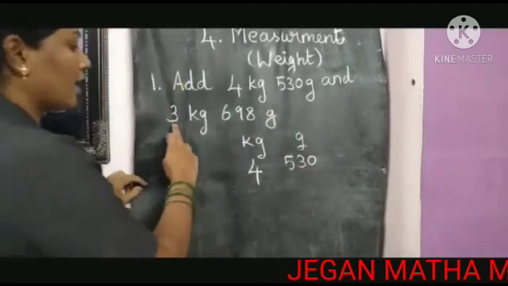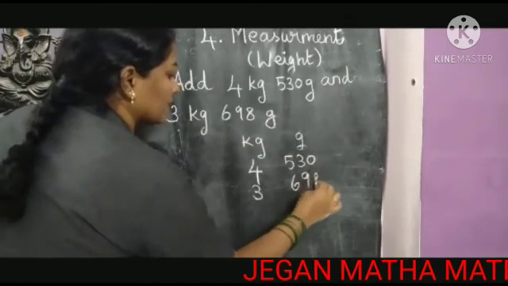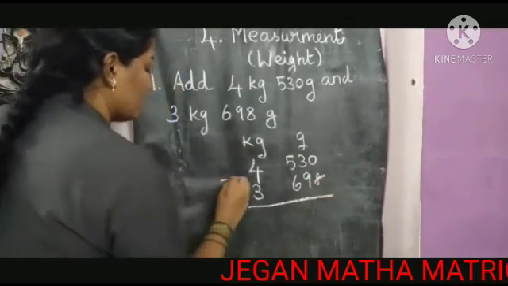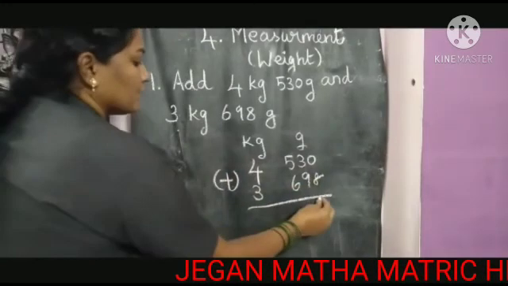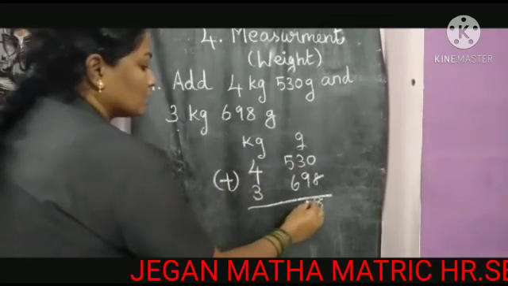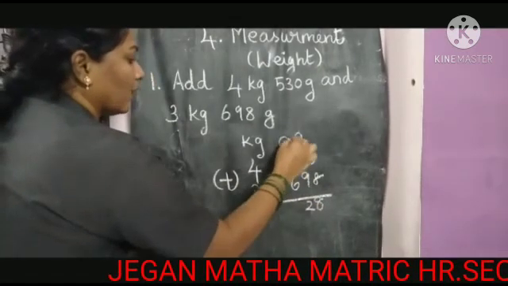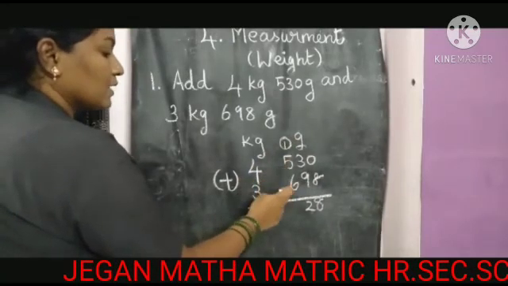Write 4 kg 530 grams and 3 kg 698 grams. Now add the weight. 0 plus 8, you know that 8. 3 plus 9, 12. So 2 remaining, 1 is here. 1 plus 5, 6. 6 plus 6, 12.